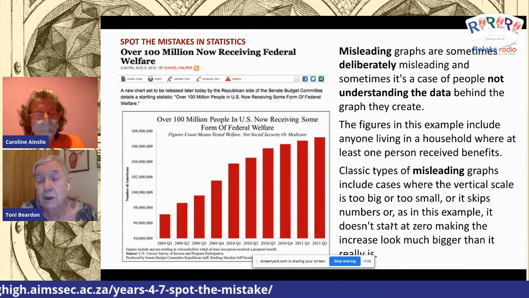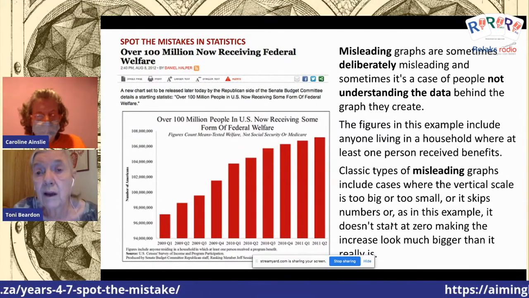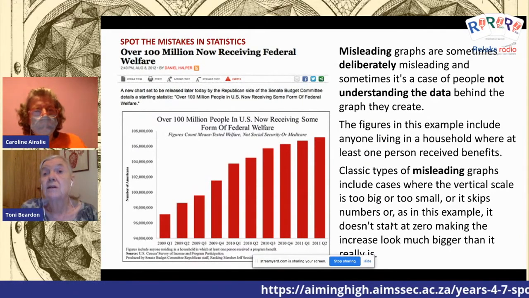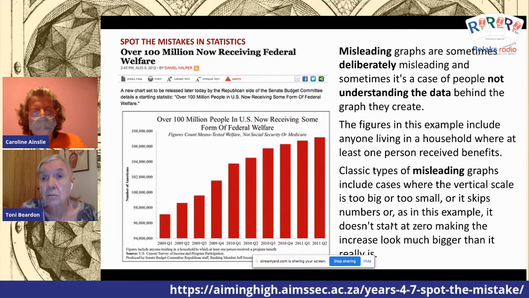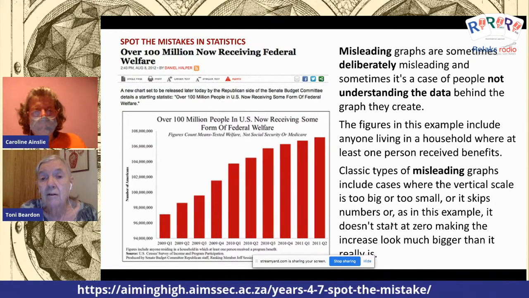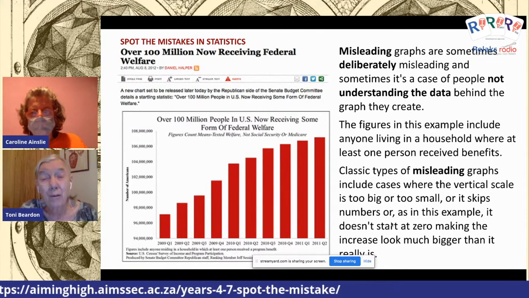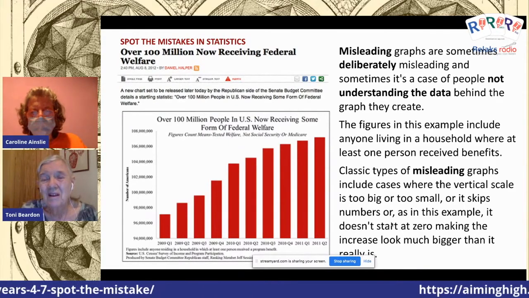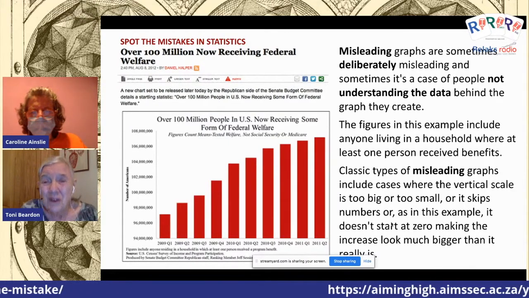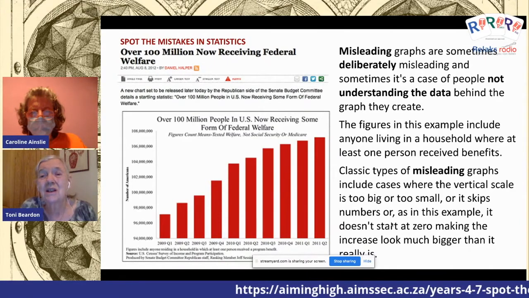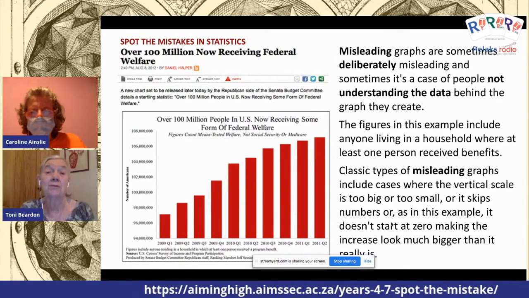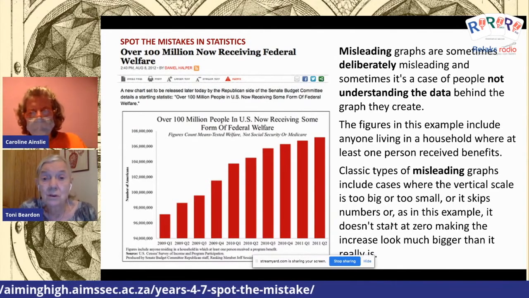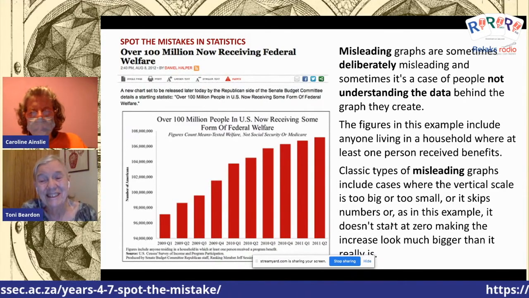It'll be wrapped up in some way to tell you the story you want to hear. And often it is completely fake. Using statistics is powerful because if people don't really understand the statistics, they think they do, they're going to be fooled. And that's the world we live in, I'm afraid.